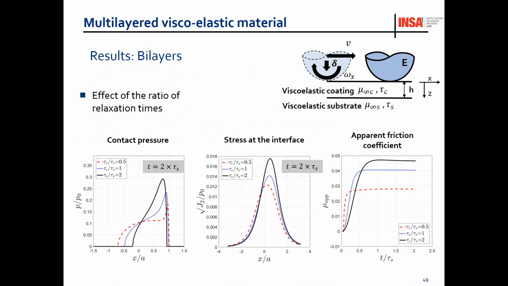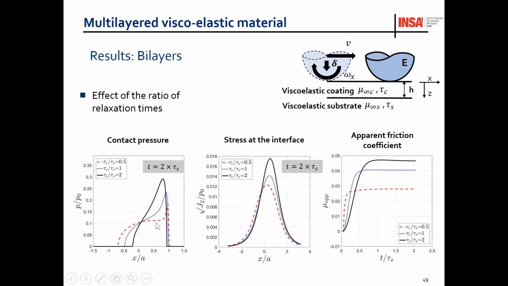Okay, here this is the effect not of the Young modulus, but of the relaxation time of the two materials. Then again, tau C means the coating relaxation time, and tau S means the substrate relaxation time. Then you can see here that the pressure is increased significantly when the relaxation time of the coating is 2 times the one of the substrate.